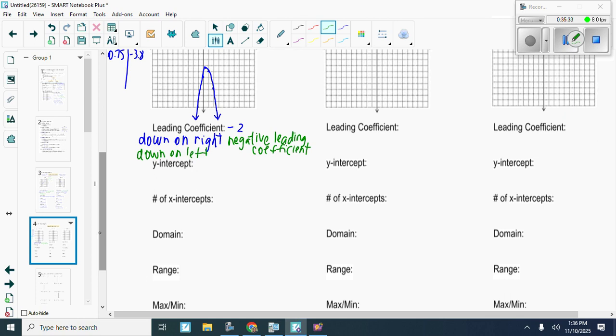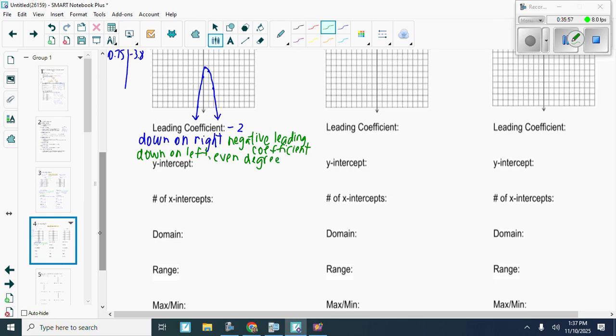This time it's because it's an even degree. When it was an odd degree, we were doing opposites. When it's an even degree, we're either both up or both down. So this is down on the left because this is an even degree.